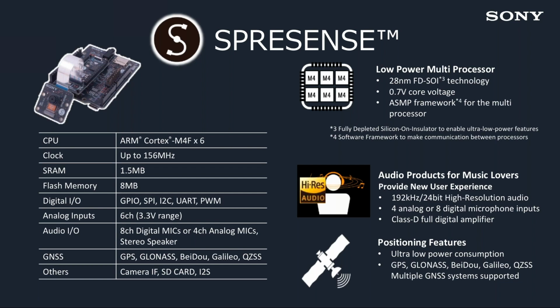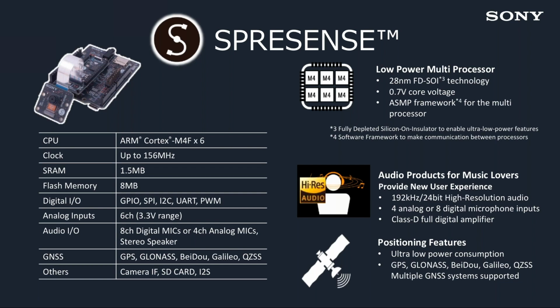Another significant thing about Spresense is very low power. And Spresense has 6 ARM cores with 156 megahertz of clock. That makes it easy to target applications that need to do a lot of processing.